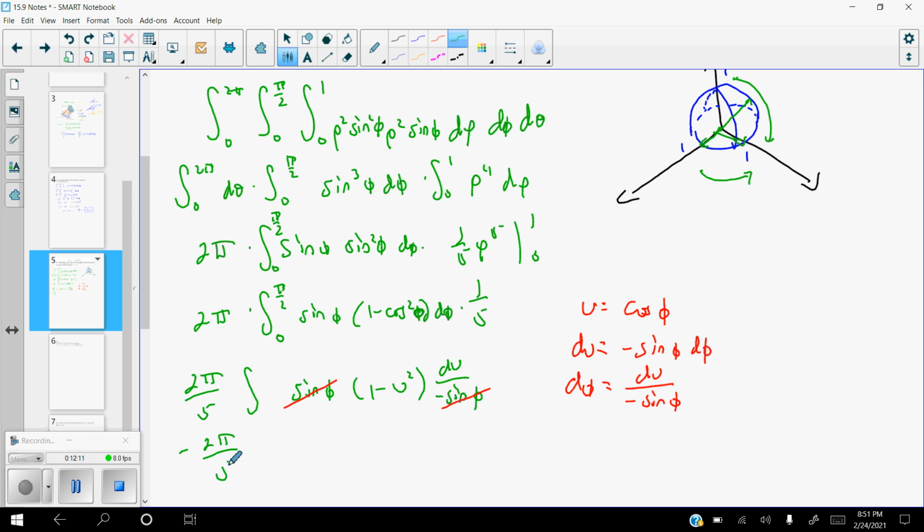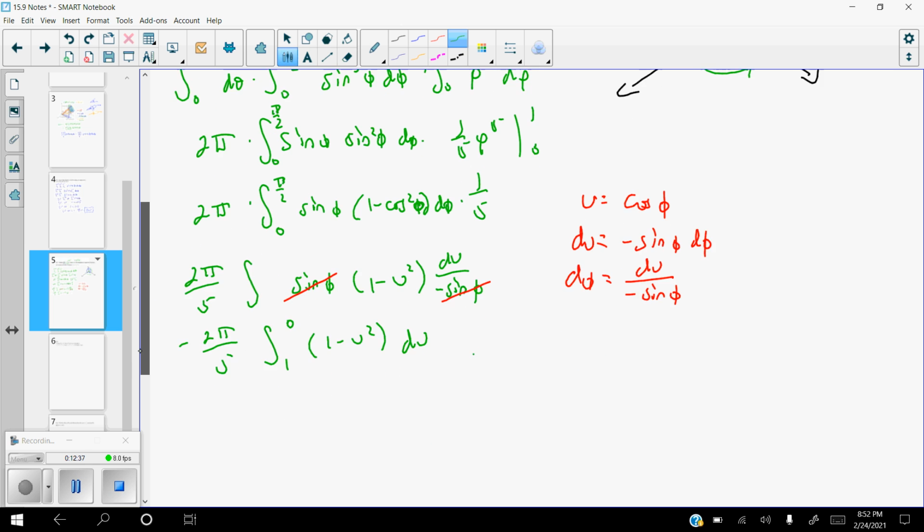Because I really don't feel like changing back, I'm going to change the bounds here as we go. So if I plug 0 into phi, cosine of 0 is 1. If I were to plug pi halves in for phi, cosine of pi halves is 0. So we have the integral of 1 minus u squared du.